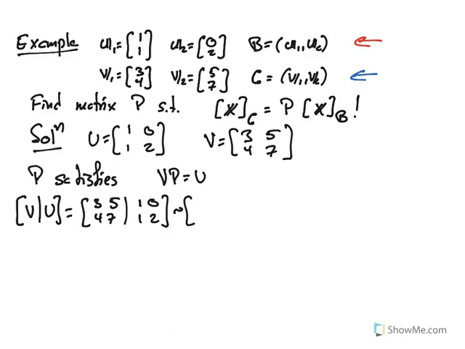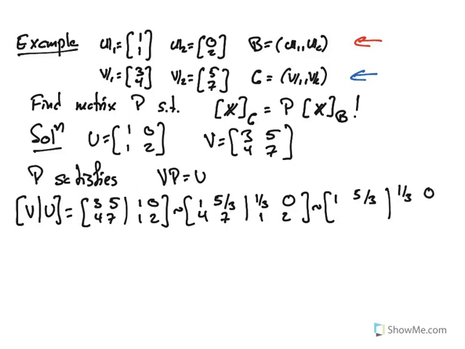Okay, now this all gets a little tedious. So you just do row reduction. I'm going a little bit fast because you've done this a million times. So what do we get? We get 7 minus 4 times 5/3. So that's 7 minus 20/3, which is 1/3. And then we get minus 1/3, and the 2 is left unchanged.